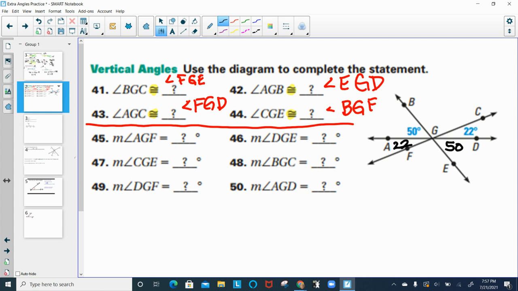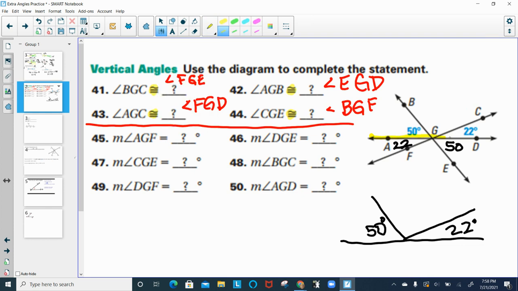And then we have this last pair of vertical angles that we don't know. So what I like to do, and you might not like to do it, whatever. I just want to show you how you can draw part of this picture, just separate so that you can see. And what I'm drawing is this piece right here.